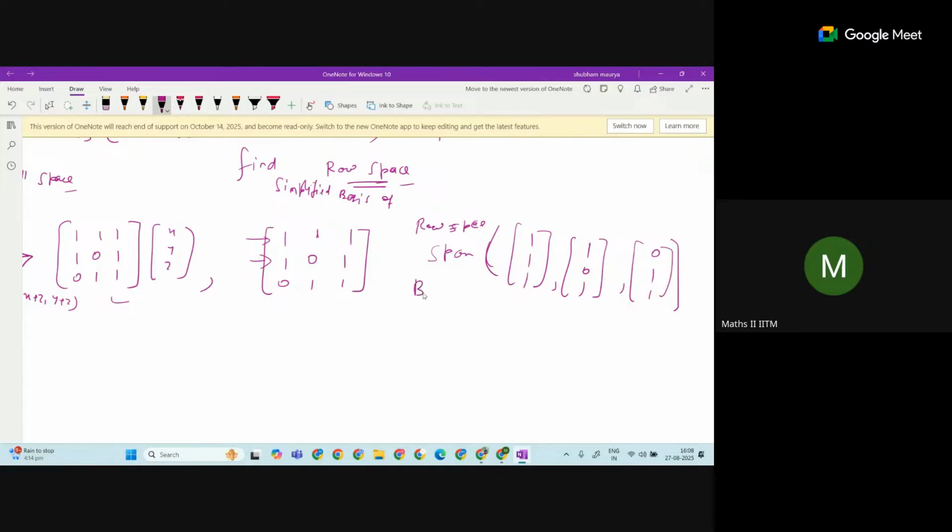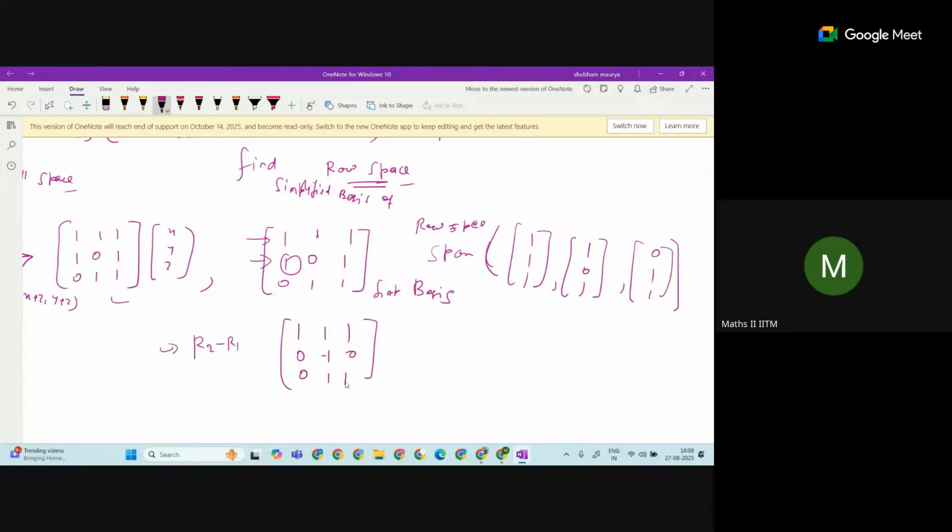But I asked for the basis of it, not only the basis, the simplified basis. So how will we find the simplified basis? You have to do some row operations here. So I'm doing R2 minus R1, trying to make it 0 here. So this is 1 1 1, and this is 0 minus 1 0, and this is the operation I performed.